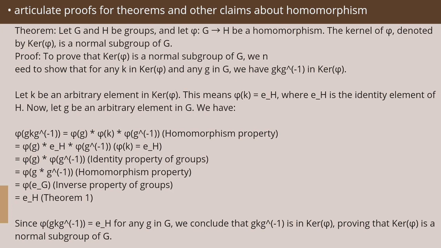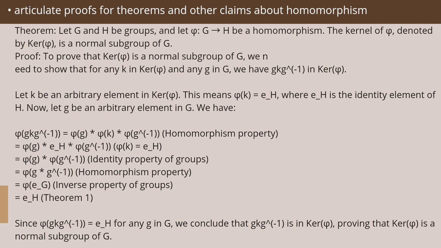So we have phi of gkg inverse is equal to phi of g times phi of k times phi of g to the power of -1, or g inverse. And that is the homomorphism property.